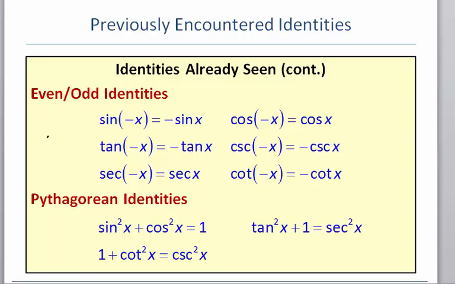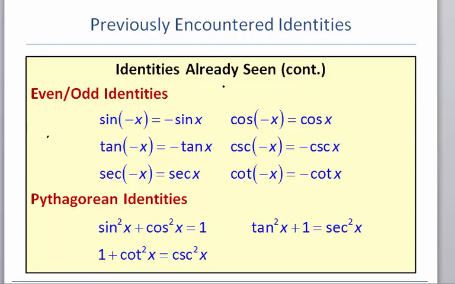We have even-odd identities, which were established in our last section, but very lightly. And so we may need to talk just a minute about what these are. These identities give us a way to handle a negative angle inside a trig function.